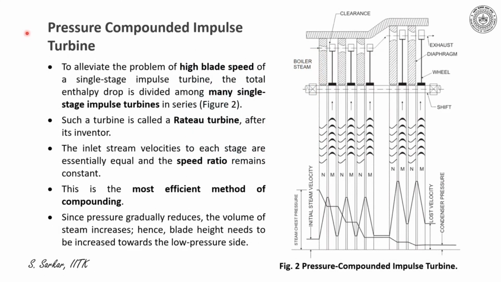Let me discuss now the pressure compounded impulse turbine. I have indicated here that to alleviate the problem of high blade speed of a single stage impulse turbine, the total enthalpy drop is divided among many single stage impulse turbines in series, as indicated in Figure 2.